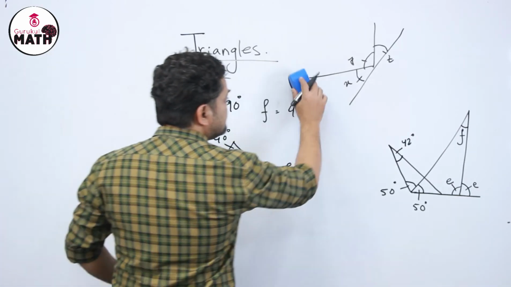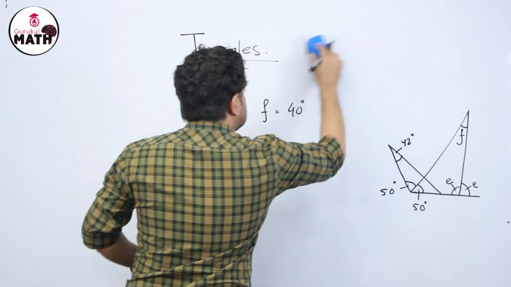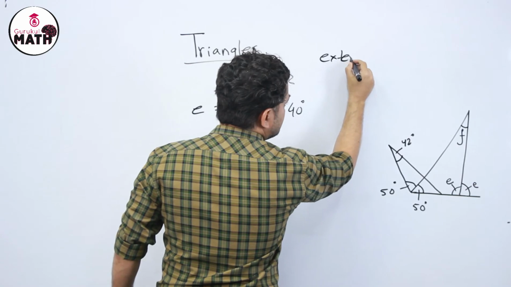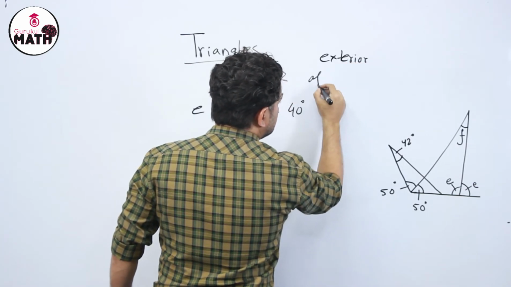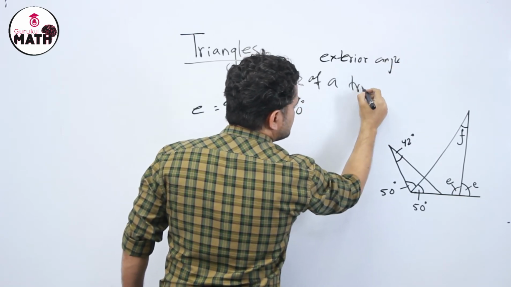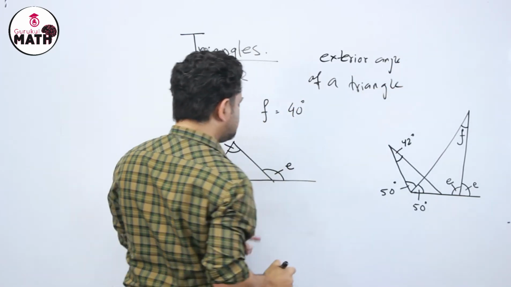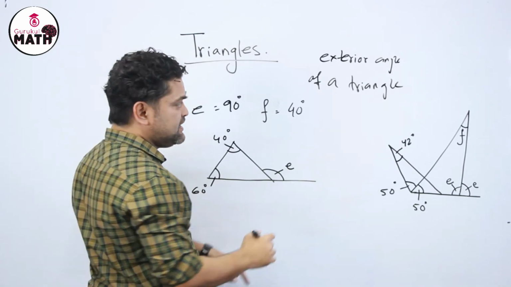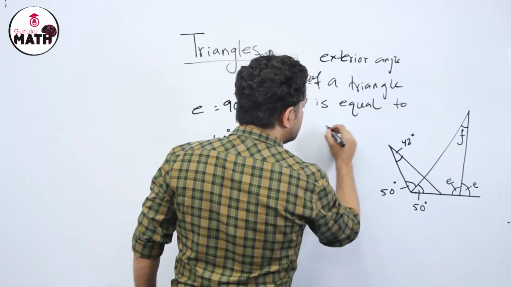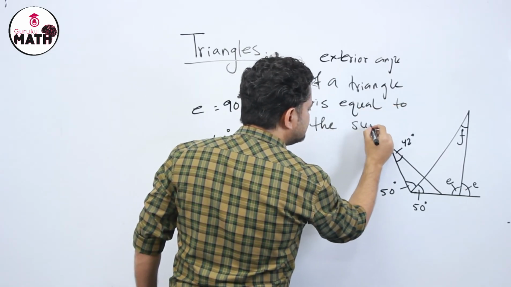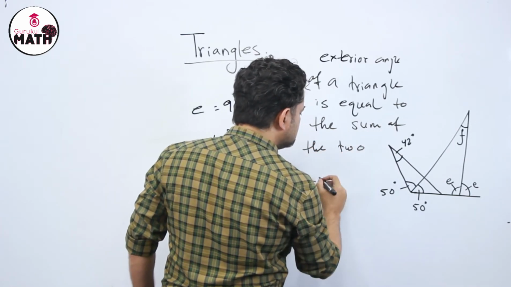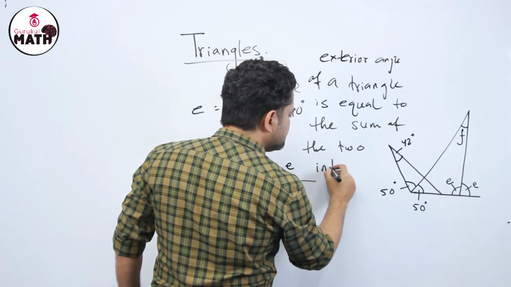so better let me rub this. So the exterior angle of a triangle, here it is E, is equal to the sum of the two interior angles.